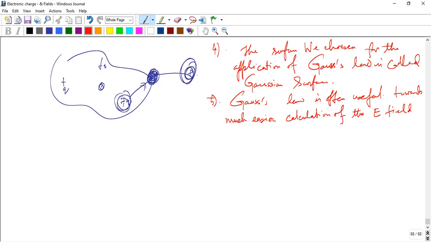I told you that Gauss's law is useful for calculating the electric field. The main purpose of Gauss's law is to calculate the electric field.